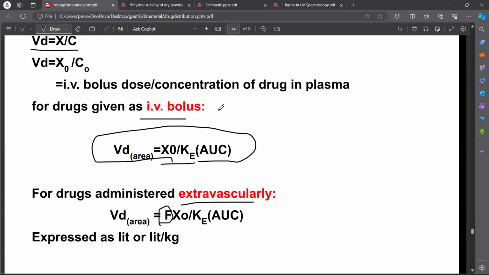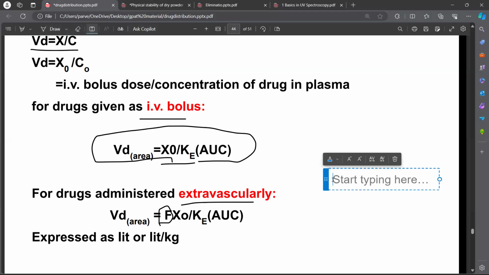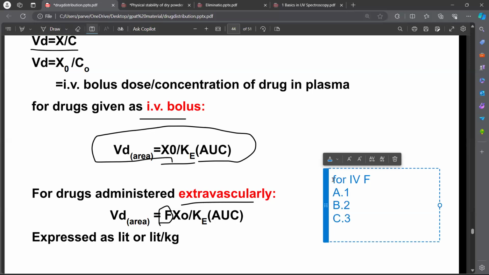So for the IV route, the value of F is 1, 2, 3, or 0.5?